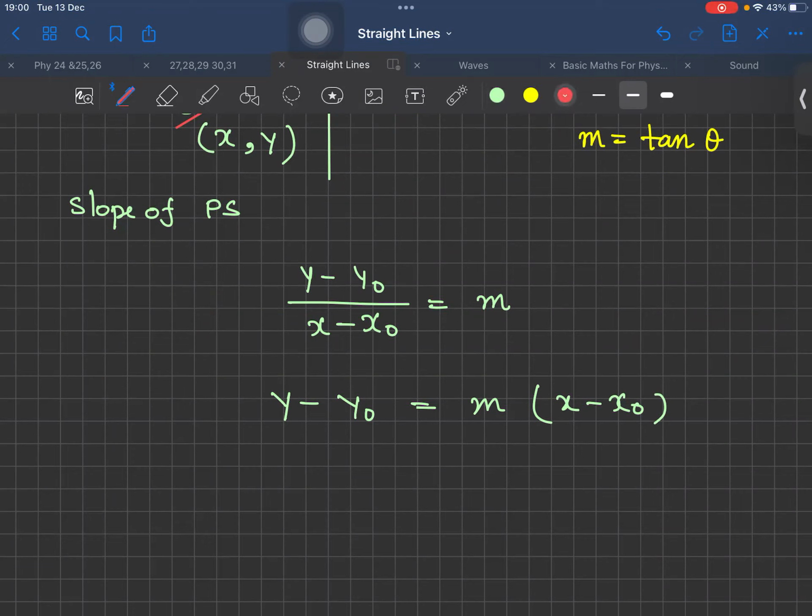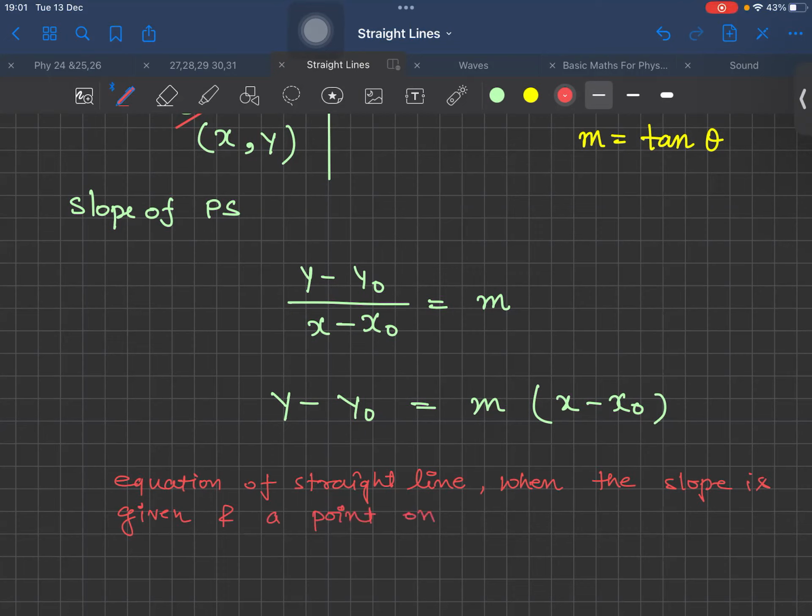So this is the equation of a straight line when the slope is given and a point P, x0, y0, is on the line.